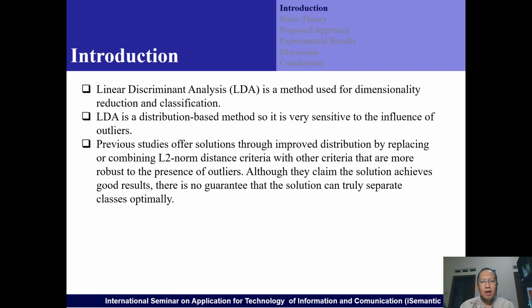Previous studies offer solutions through improved distribution by replacing or combining L2 norm distance criteria with other criteria that are more robust to the presence of outliers. Although they claim the solutions achieve good results, there is no guarantee that they can truly separate classes optimally.